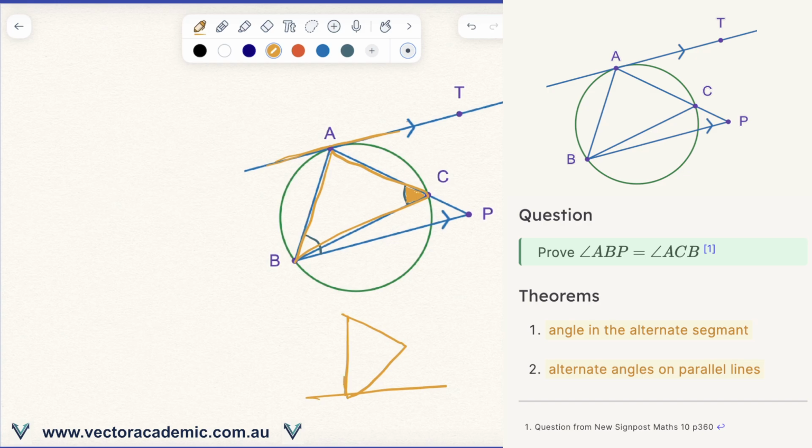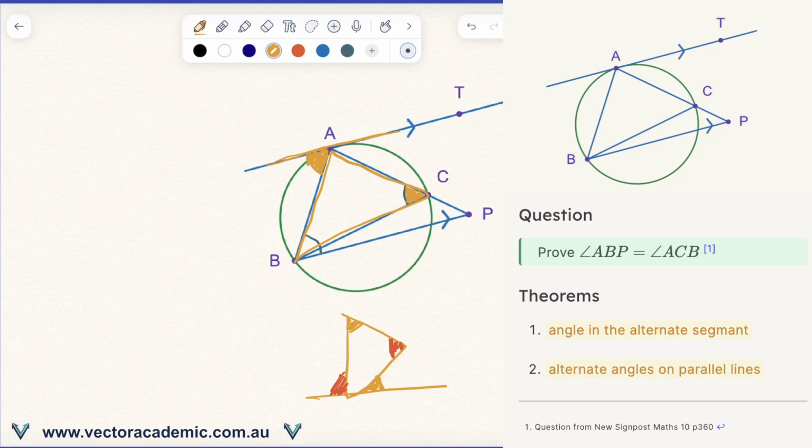The theorem goes that this angle is equal to this angle, and this angle is equal to this angle here. So let's apply that in the diagram above. We've got that one angle, and that would be equal to this angle here. So we've got those two angles being equal.